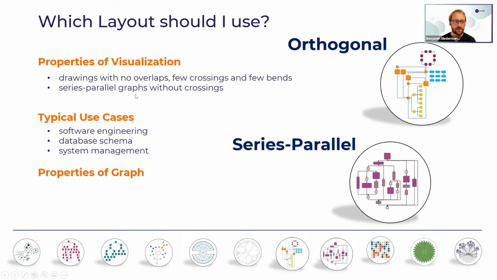So typical use cases are software engineering. For example, in the series parallel case, you get some kind of structure that you can find in some UML diagrams. But especially the orthogonal layout is used for technical drawings, database schemas, and also for system management, where you need to get a really clear structure of the nodes and edges.